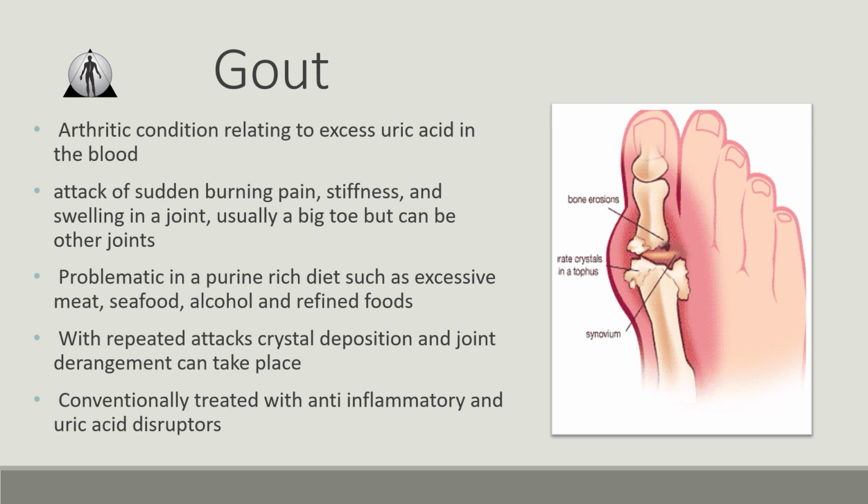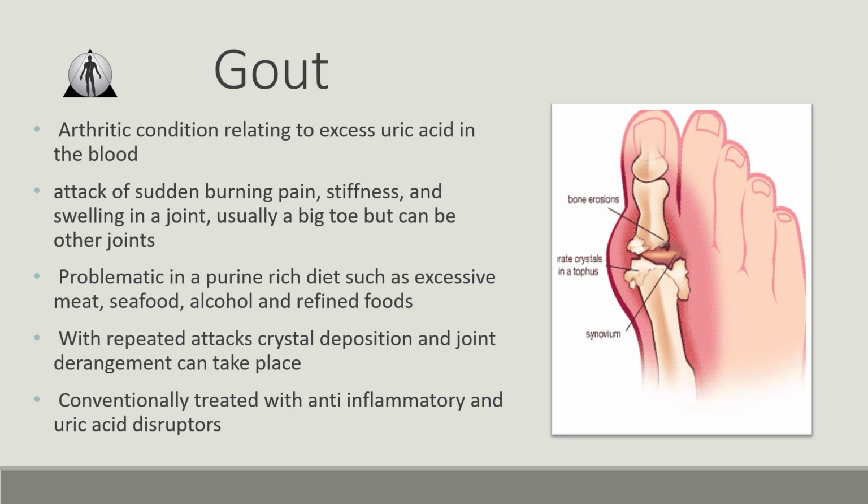And more or less what it is, it's an arthritic condition related to the excess production of something called uric acid. And the classic hallmark is we have an attack of sudden burning pain, maybe stiffness, some swelling of a joint, most commonly in the big toe, but it can also be in other joints. I've seen it many times in knees, but classically we see it in the big toe.